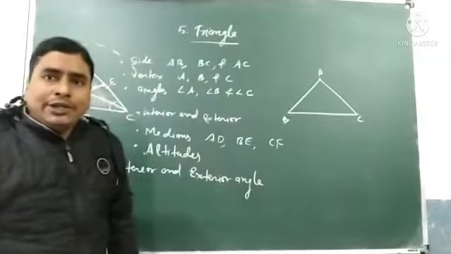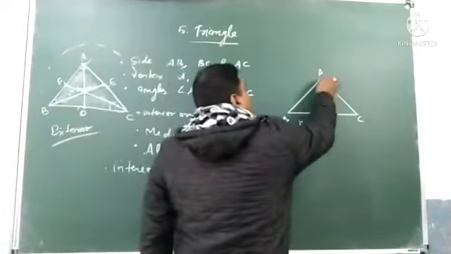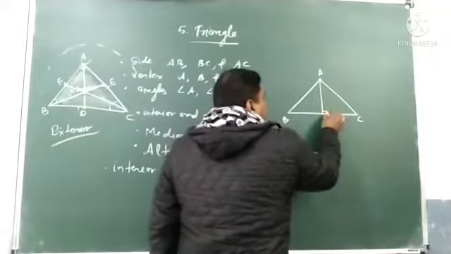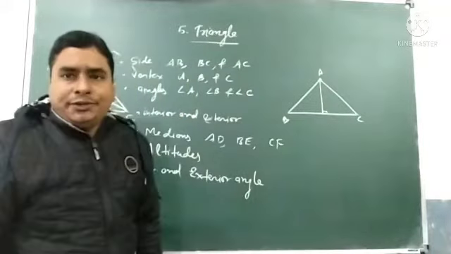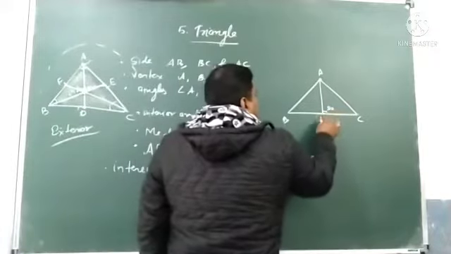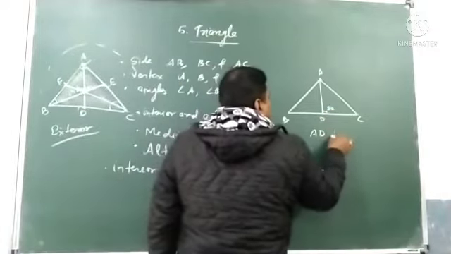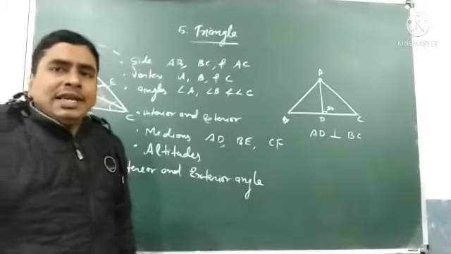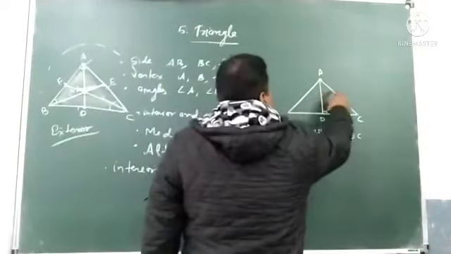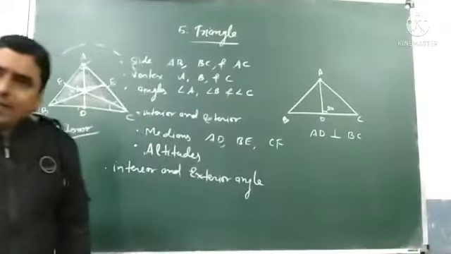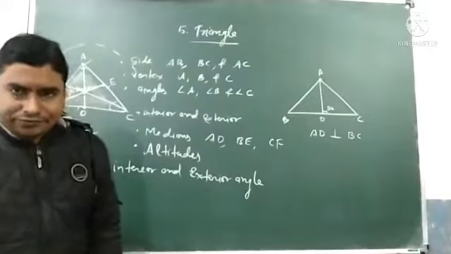A perpendicular drawn from vertex A to the opposite side is the altitude, which means this is 90 degrees. So here AD is perpendicular to BC. Similarly you can draw B to AC and C to AB. Is it clear? What are the altitudes?